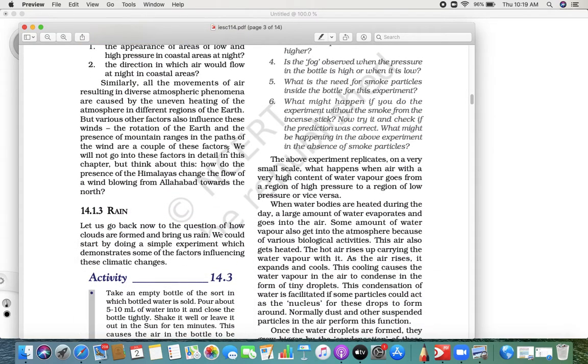So what happens is, this experiment replicates on a very small scale how air with a very high content of water vapor behaves. The smoke is mixing with the water vapor. Understand this small thing: it is mixing with water vapor.